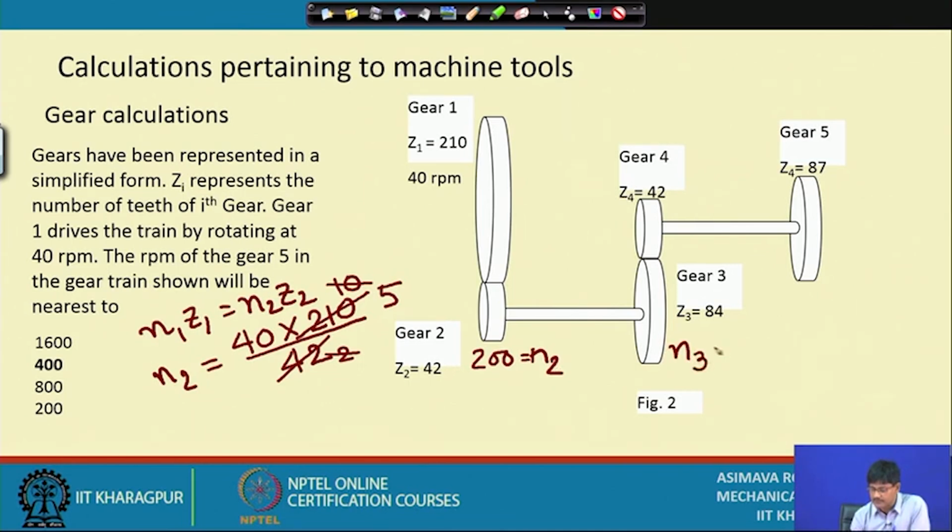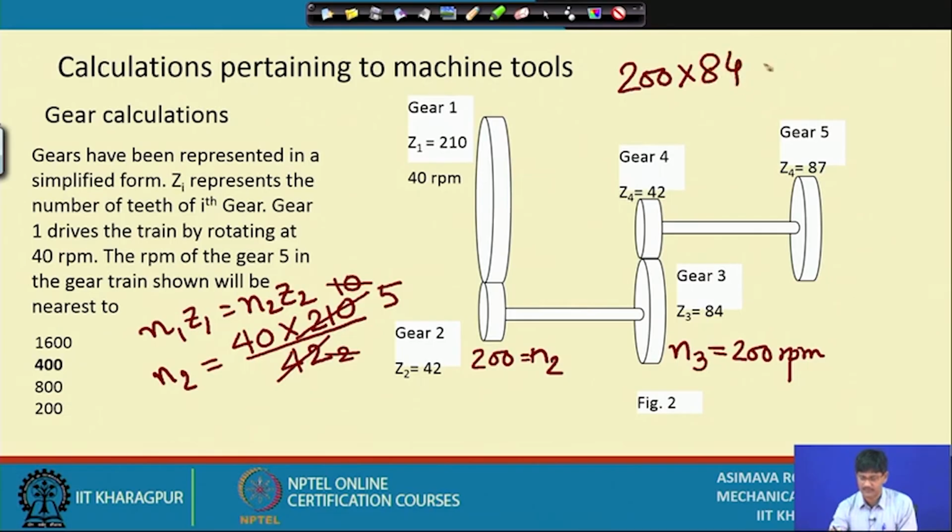So, this is also going to rotate. N3 is going to be the same as per our previous discussion, 200 rpm. Let us apply the same thing here. N3 Z3, that means 200 into Z3, 84, must be equal to Z4, 42 into N4.